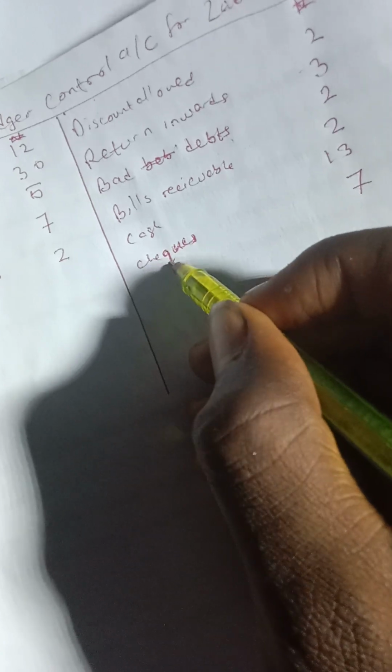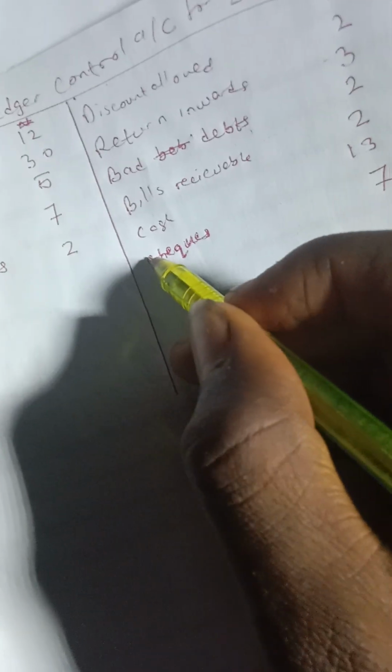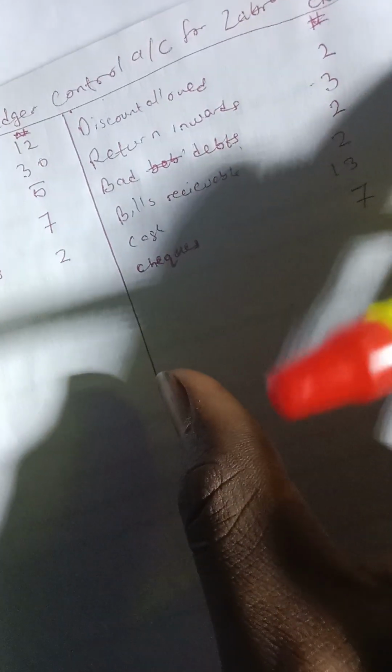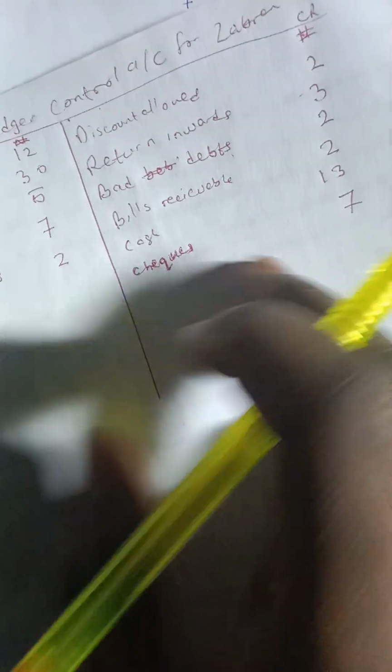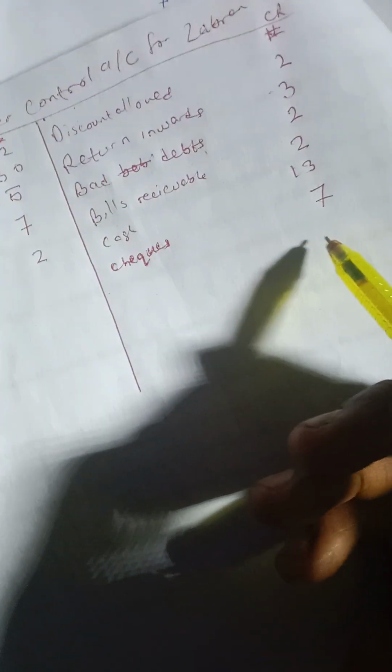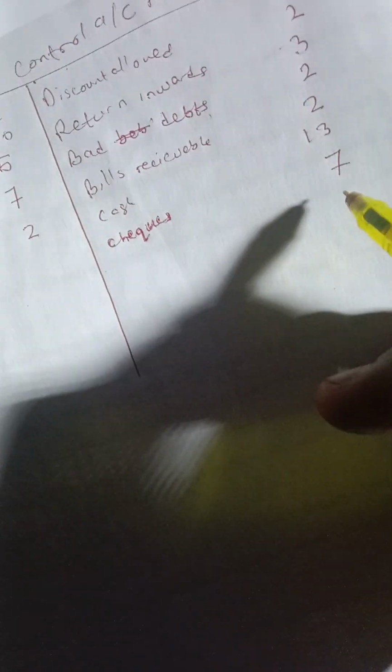Contra entry. When a debtor is at the same time a creditor, the amount that he is owing you can cancel out the amount that you are owing him. Is that understood? So when a debtor is owing you this amount, to cancel it out you have to credit it. So you are crediting the contra entry so that it will cancel off in his own creditor's account. If he is owing you 3 naira, and he is now a creditor again, you are owing him 2 naira.